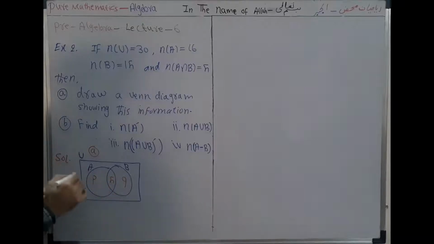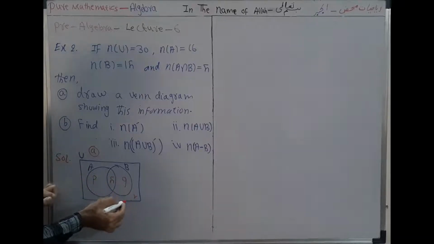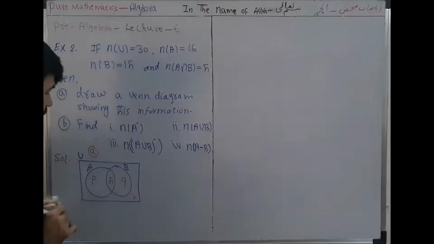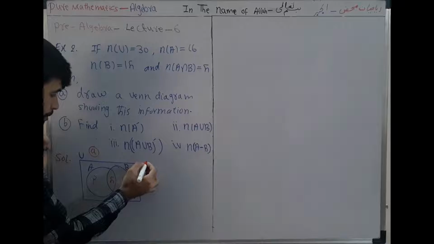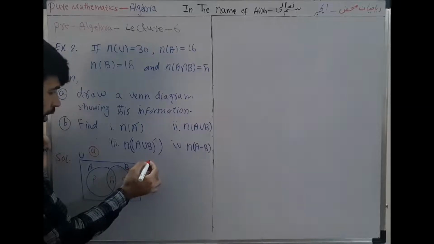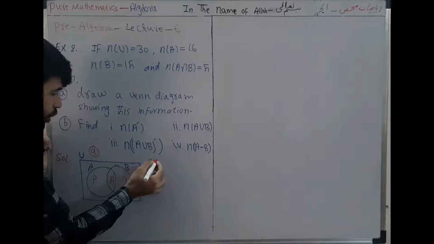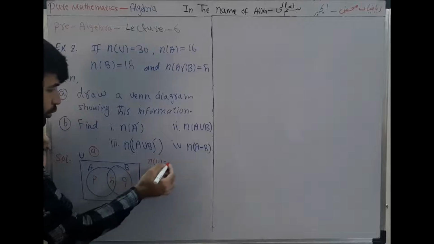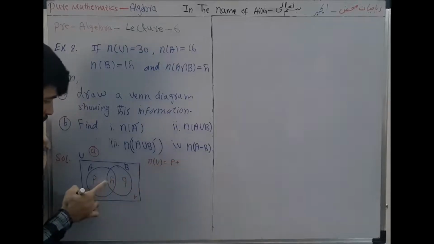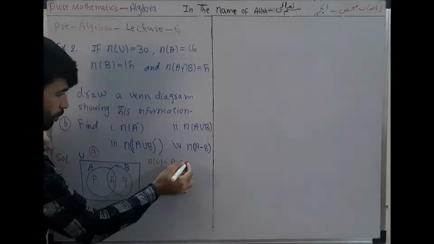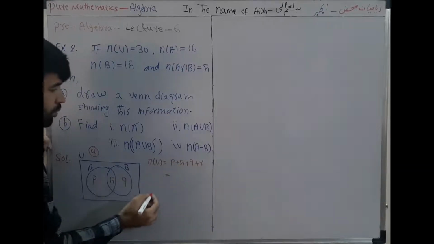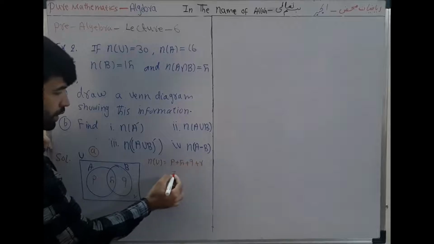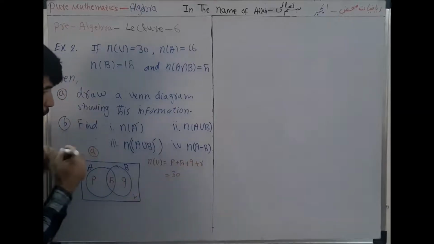And outside both, we write R. Now n of U is equal to P plus 5 plus Q plus R, which is equal to 30.